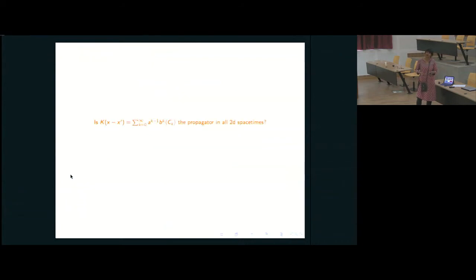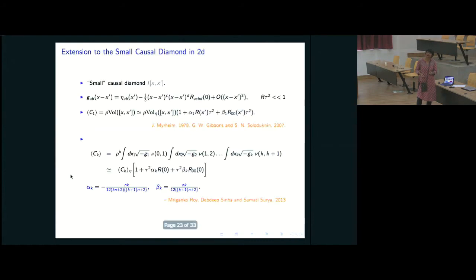And the question that we asked was whether you can do it in all 2D spacetimes. We looked at the case of a small causal diamond, where you can use the Riemann normal neighborhood to do an expansion, which is basically of this form.